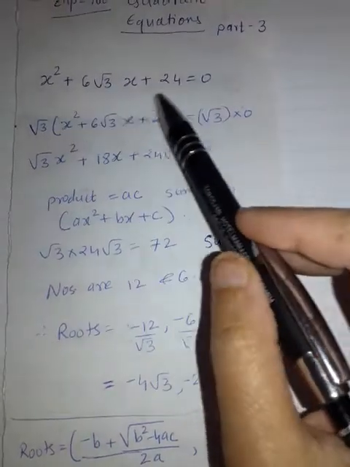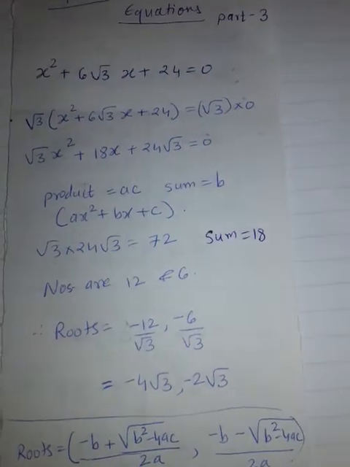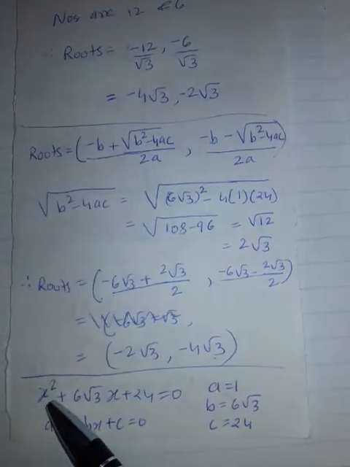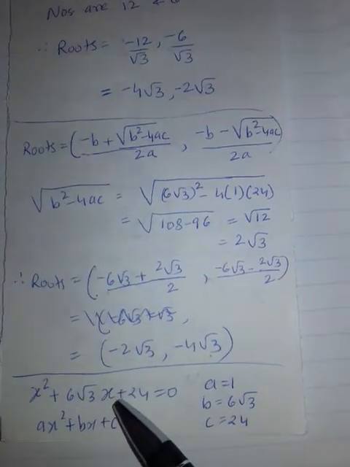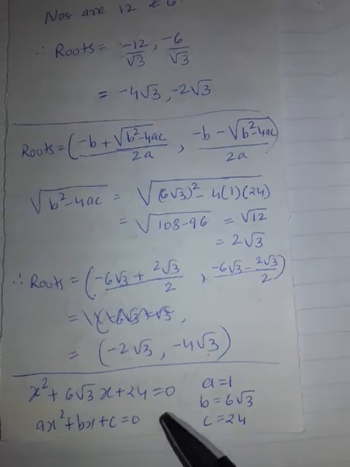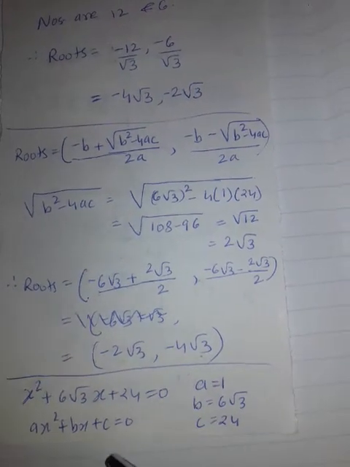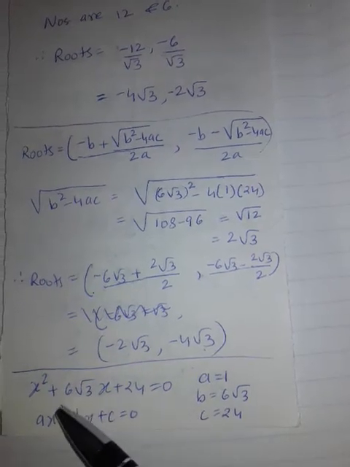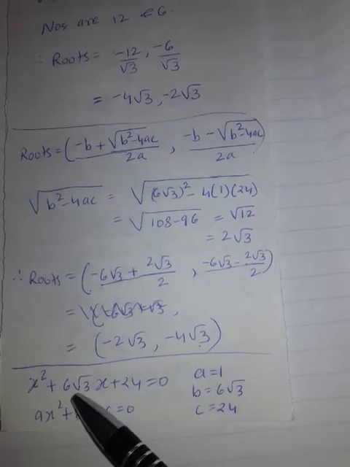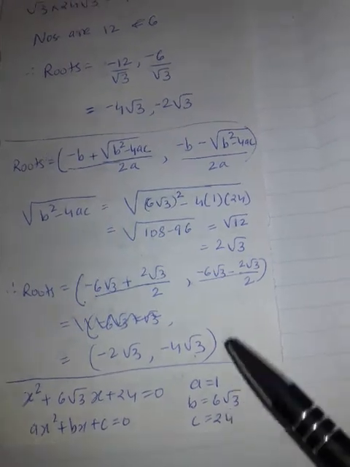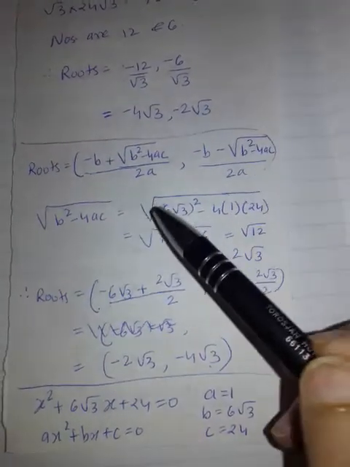Now again, how to solve it using the formula? Let's see that. This is the equation x square plus 6 root 3x plus 24 equal to 0. We will compare it with the standard equation ax square plus bx plus c equal to 0. So a is 1, b is 6 root 3 and c is 24. Let's substitute everything in the formula.